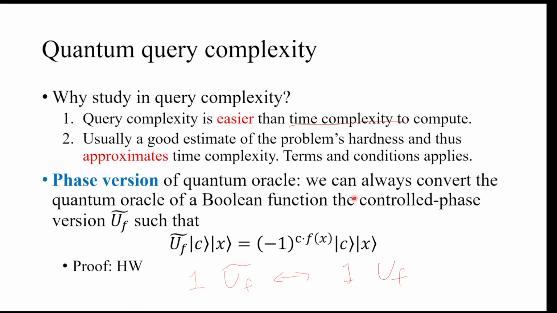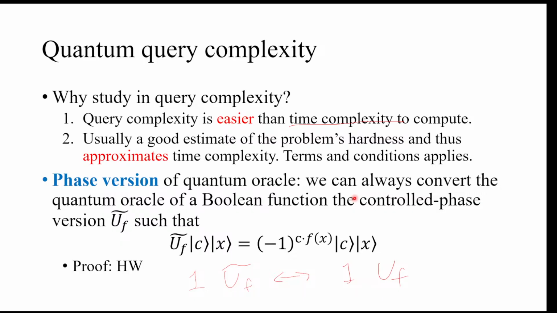As we said, we want to study this because it is a modular way to view quantum algorithms. As we will see in the two most important quantum algorithms later in the course, Grover's algorithm and Shor's algorithm, they can all be viewed as a kind of quantum query algorithm.